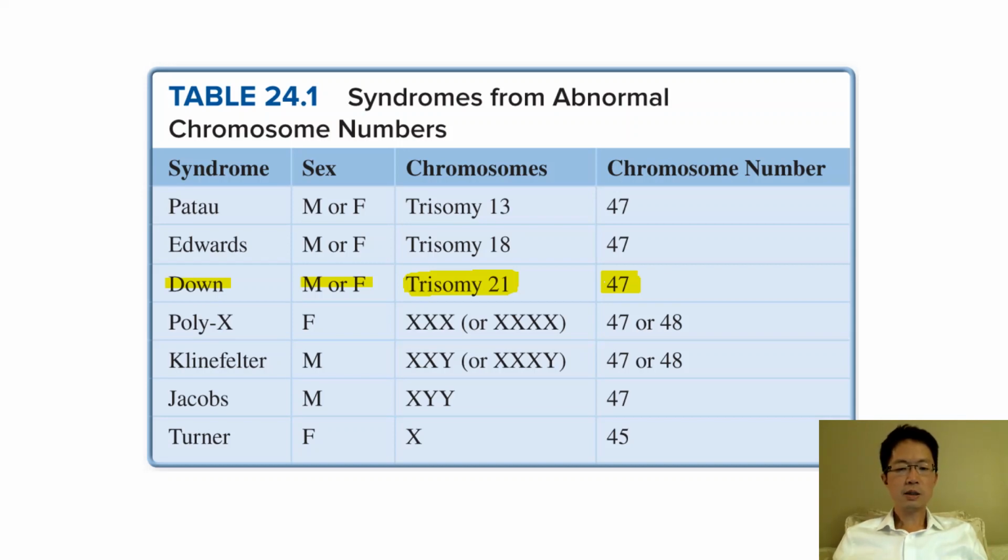And then Poly X, Klinefelter, Jacobs, and Turner. All these are sex chromosome disorders. I'll just briefly talk about this. Poly X means that it occurs in a female who has triple X, like the movie Triple X, or 3 X chromosomes. So triple X females are tall and skinny.